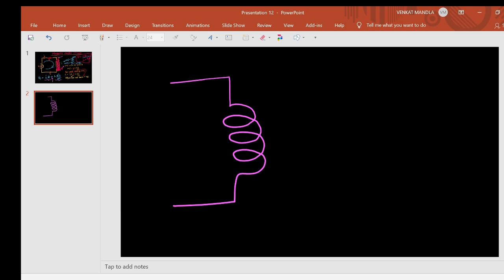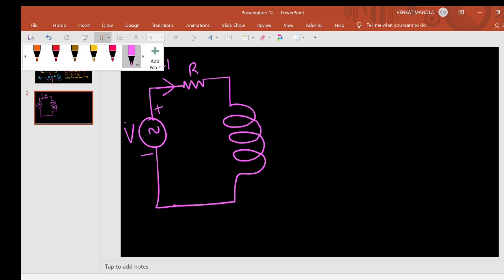First, I have an inductor. This is an inductor. For this inductor, let us say this is R, and we are applying a voltage V, plus minus. Because of this, some current I1 flows.